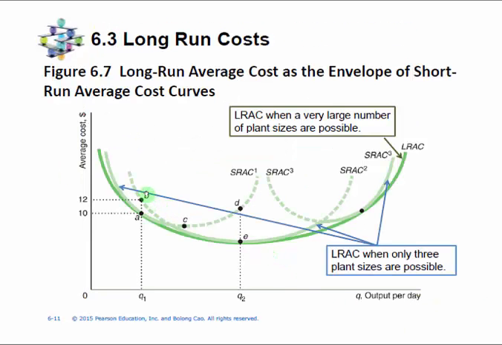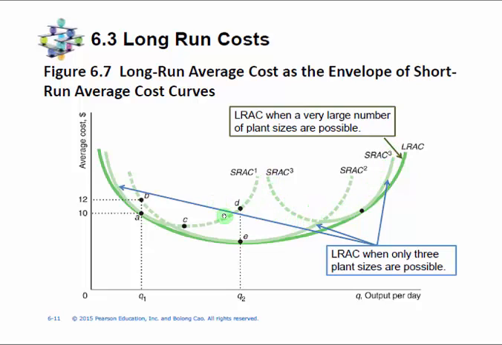Now in your textbook, we have 3 different operation scale sizes. This is one, and this is another one. The second short-run average cost, the third short-run average cost.